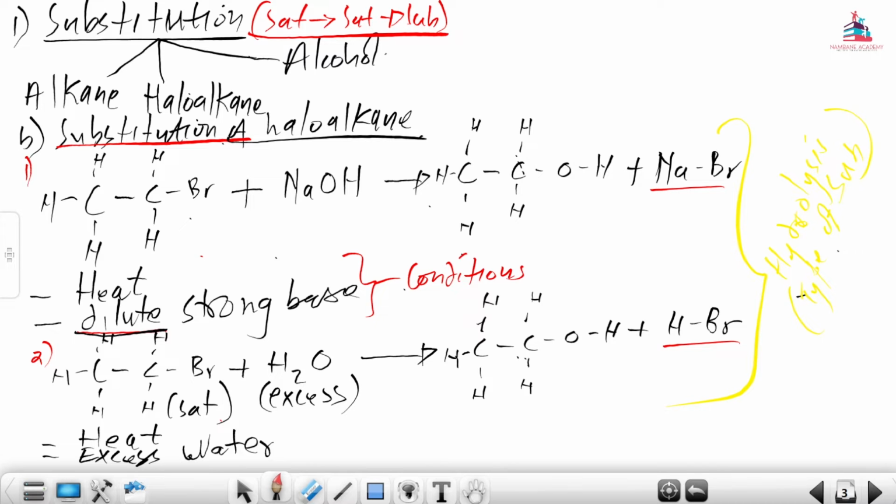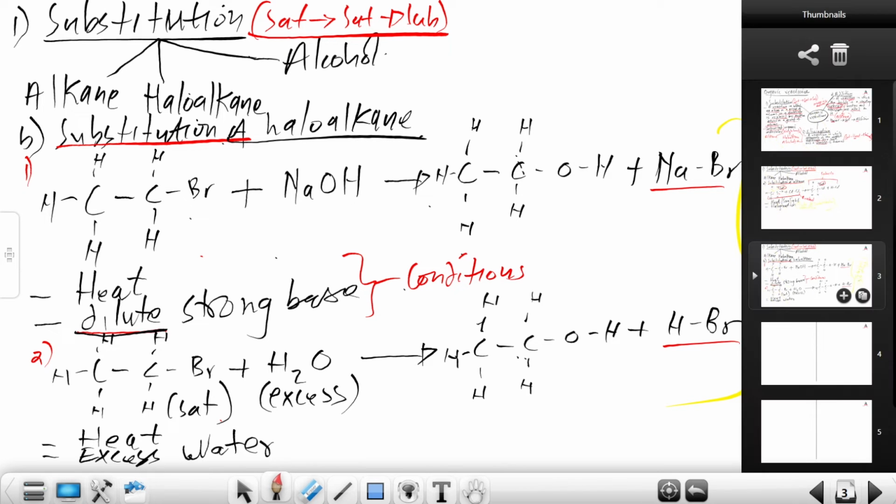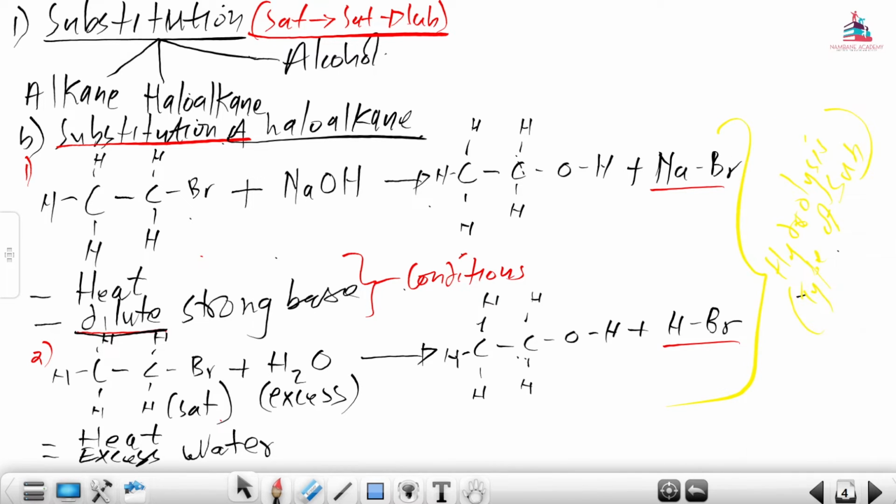So I am going now to explain substitution of alcohols. That is very, very important as well. So we did substitution of an alkane, substitution of haloalkane, and then substitution of alcohol is what we are going to do now.